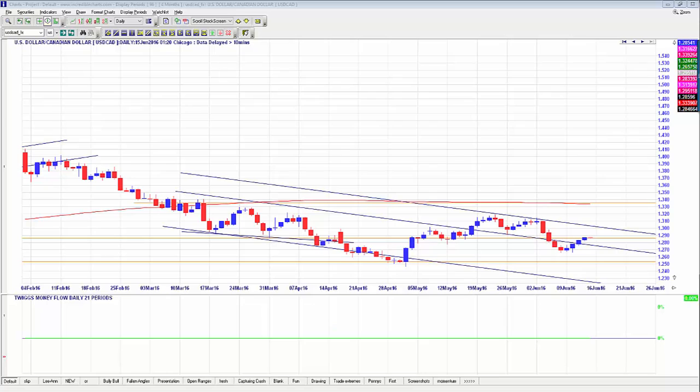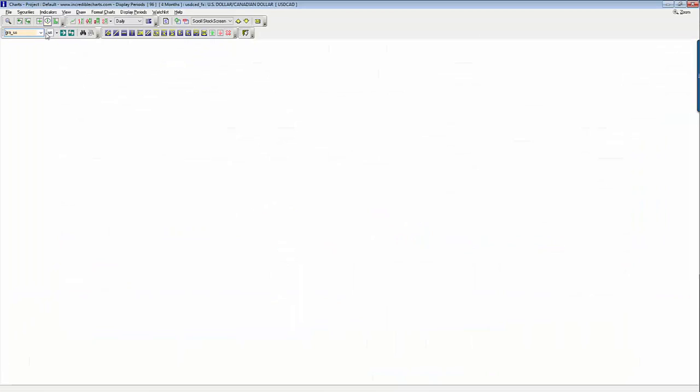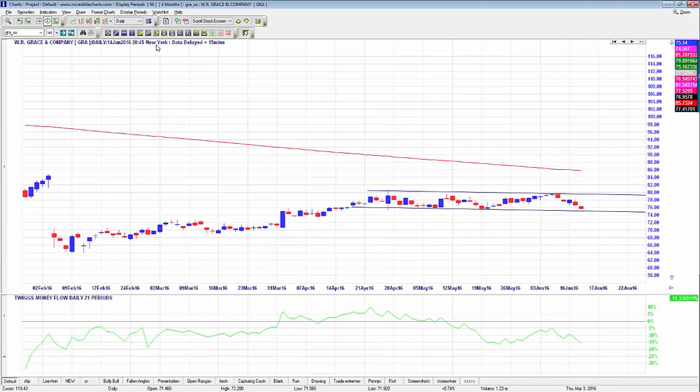Now, in terms of some potential trades, there are quite a few new ones that I found tonight above and beyond what we've already researched in Trading Room. So I want to share those with you. Firstly, GRA. This is WR Grace & Company in the basic materials sector, and you can see on the daily chart this sideways consolidation, but very negative money flow.